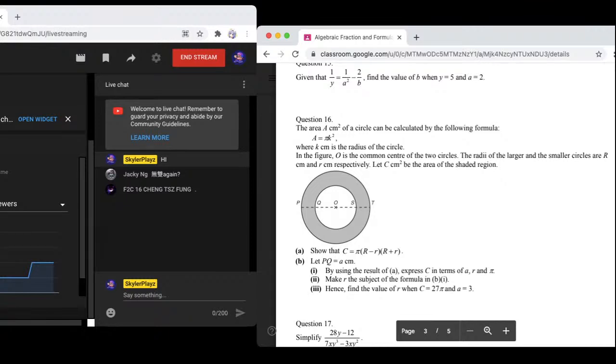Because A is equal to big R minus little r divided by 2, and therefore R minus r is equal to 2A.